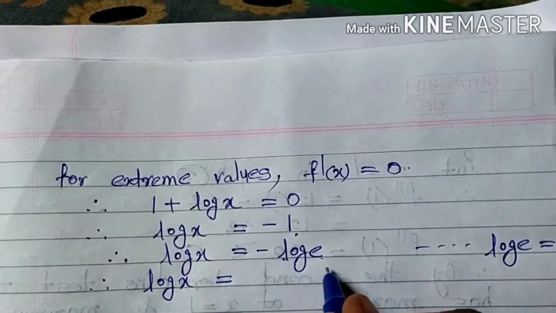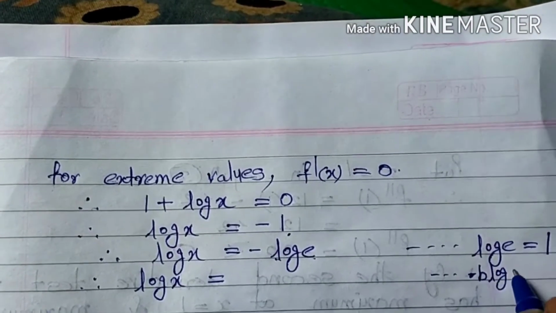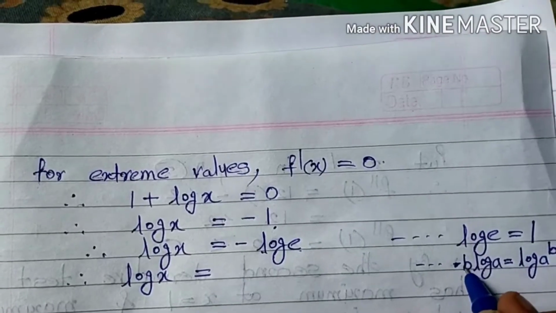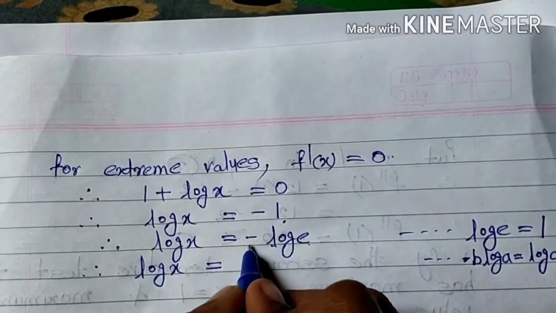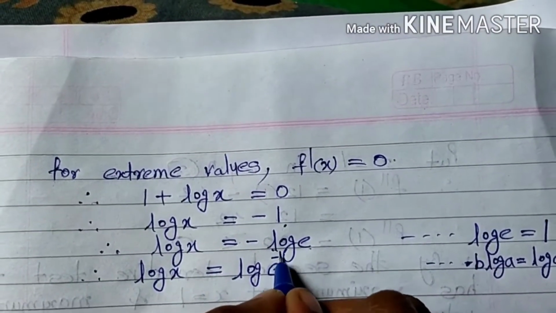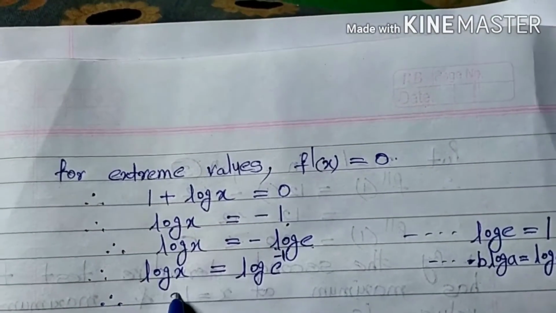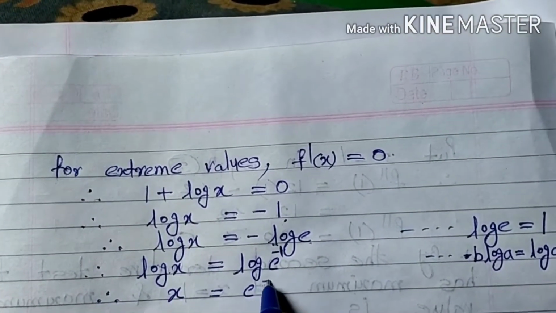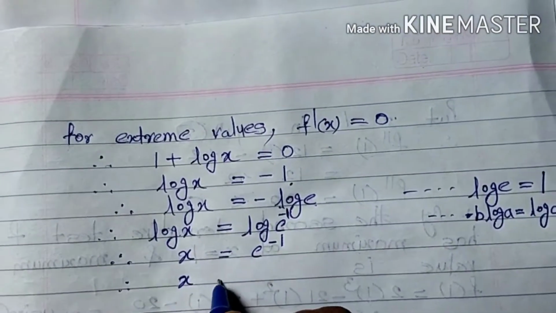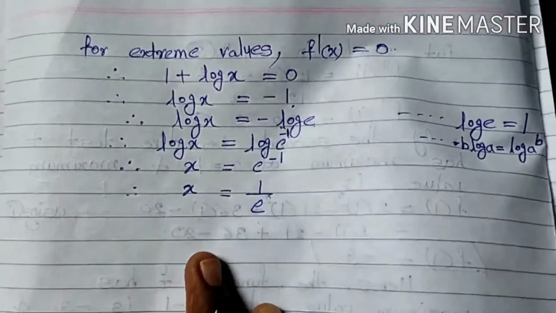Now using rules of logarithm, b log a is equal to log a raised to b. Means this b jump here, so here it is minus, it will become log e raised to minus 1. Log get cancelled, so we get only x is equal to e raised to minus 1. And also using laws of indices, we get 1 upon e. So this is our stationary point.